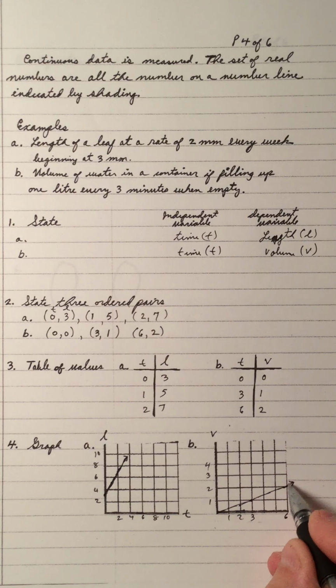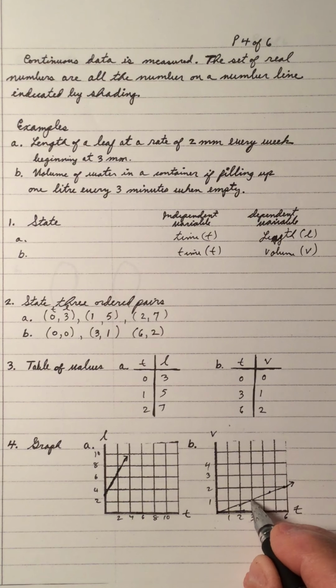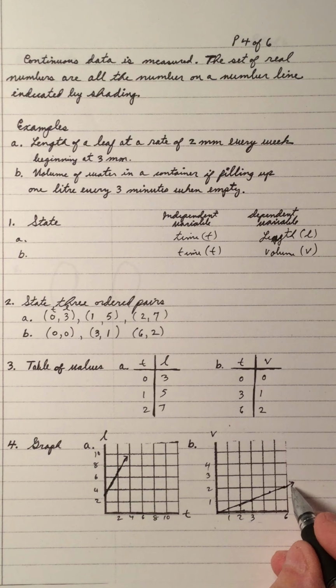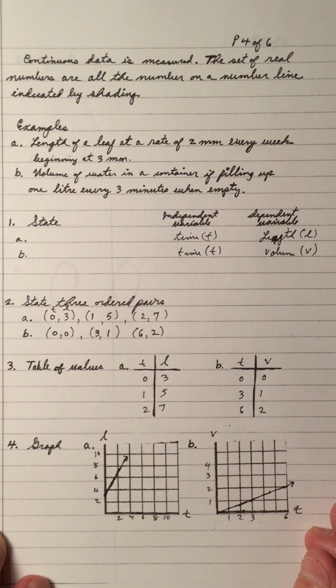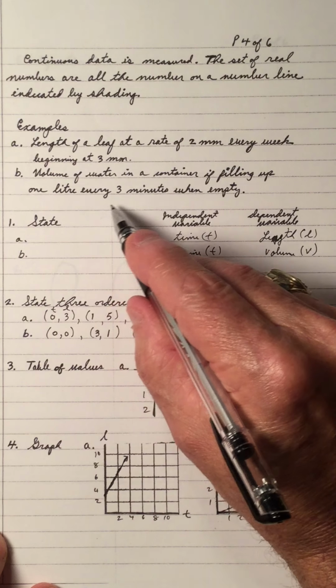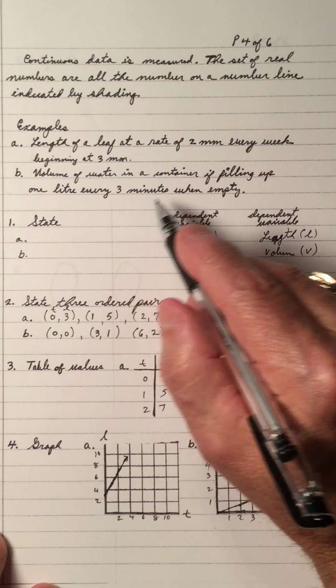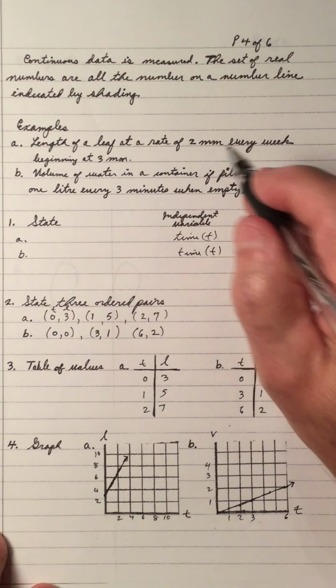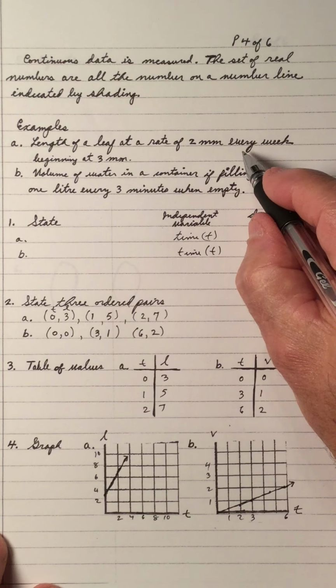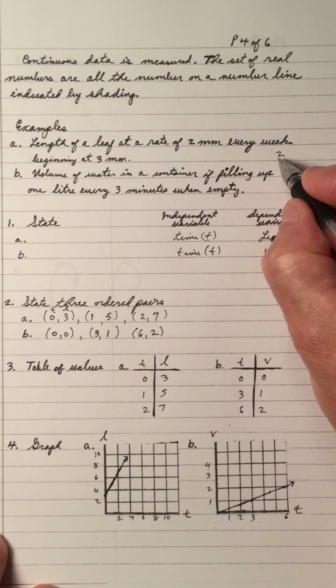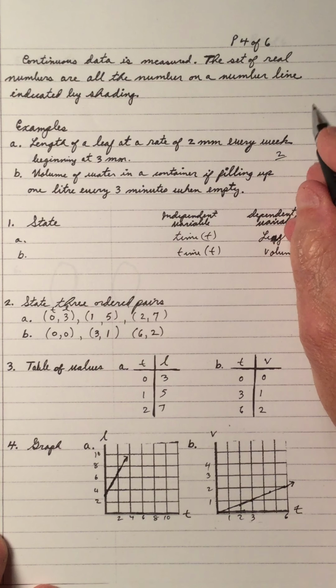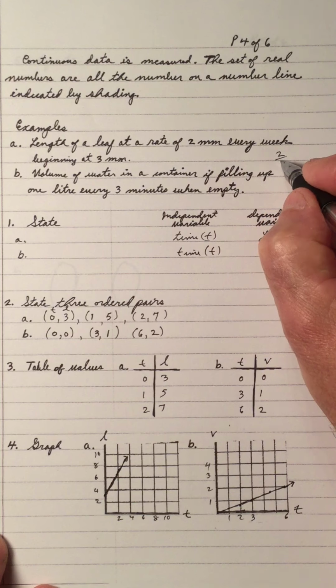And the line is what we call continuous, shaded in, real numbers, because as time goes by, the volume is increasing. So it's a solid line. And notice the slope: 1 liter every 3 minutes. Right here in the first one, the slope is 2 millimeters for every 1 week.